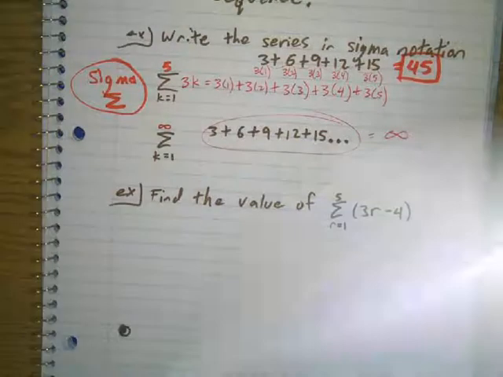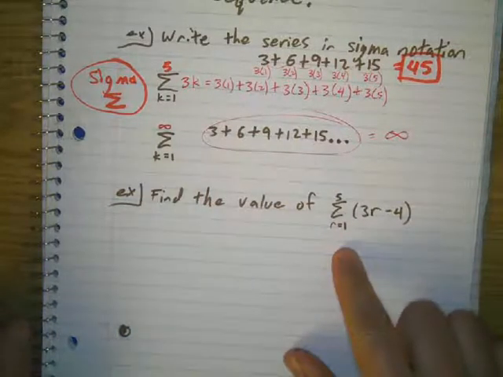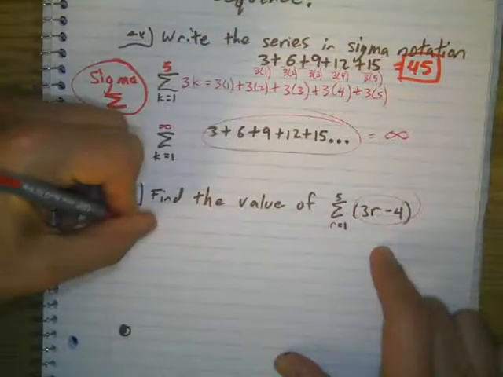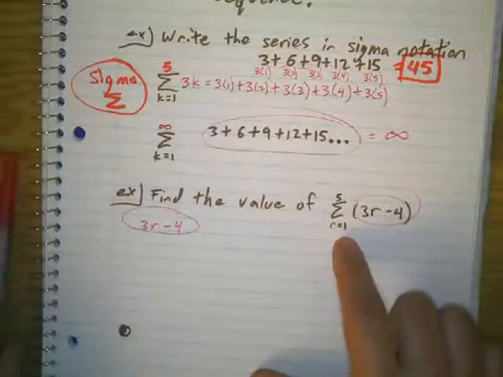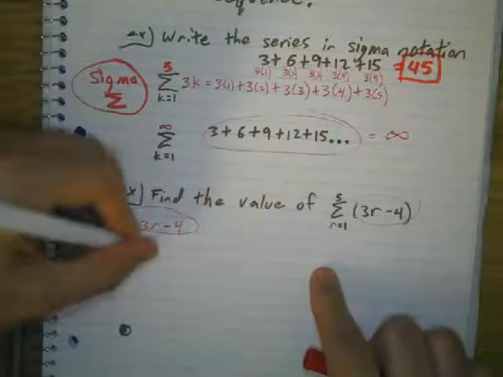Find the value of this. So we start off with, so we're going to be using 3r minus 4. We're going to be using that, and we're going to start off with 1 in for r. So then I've got 3 times 1 minus 4.